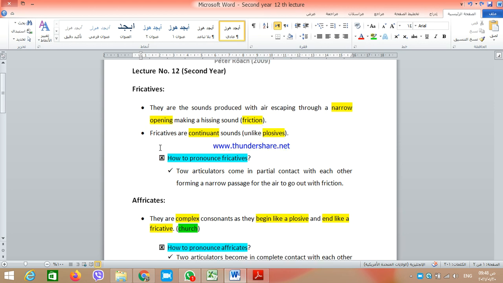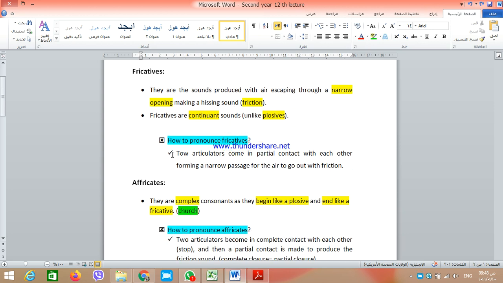In fricatives, how do we pronounce them? We have two articulators. These two articulators come in partial contact. In plosives, if we have noticed, we have two articulators coming in complete contact. That's why the air is stopped.